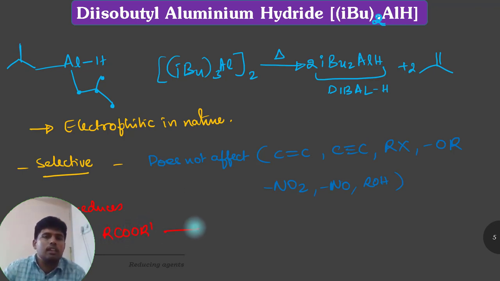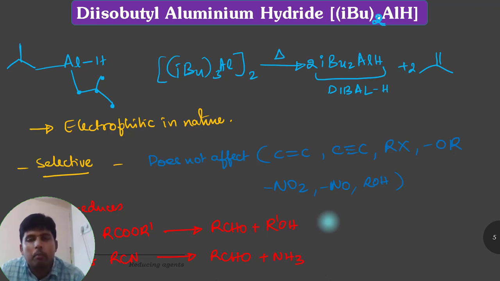So ester is conveniently reduced to aldehyde and alcohol, and it will also reduce nitriles, RCN, to RCHO and ammonia.